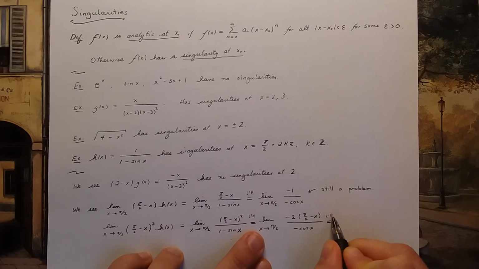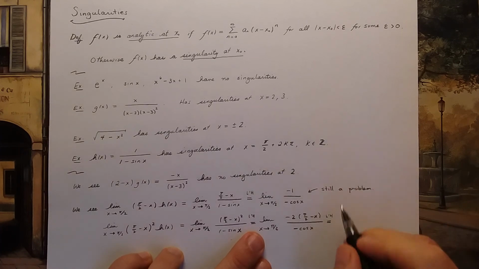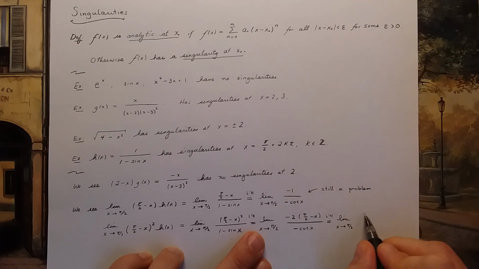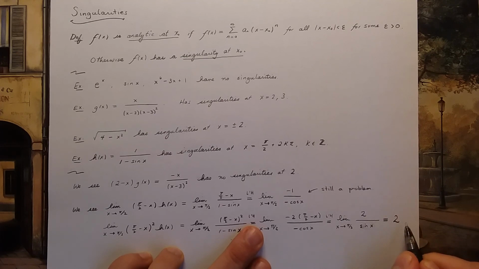That allows me to do L'Hopital's rule one more time. The top has derivative 2, I believe, and the bottom has derivative sine x. Now, sine x as x goes to pi over 2 is just 1. So I get limit 2.